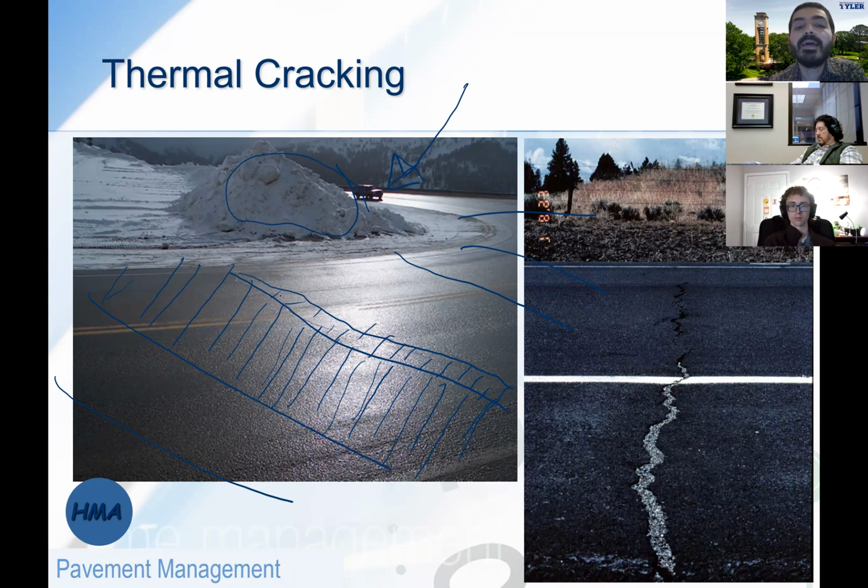We tend to see that once the pavement reaches its maximum tensile stresses, it's just going to crack, like this. It's some sort of stress relief that happens because of tension buildup inside the structure. That's the main cause of it, which is continuously cold weather.